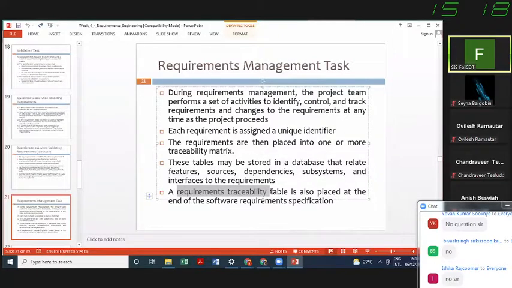A requirements traceability table is also placed at the end of the software requirement specification. So an output of this task is that we need to have this requirements traceability table.